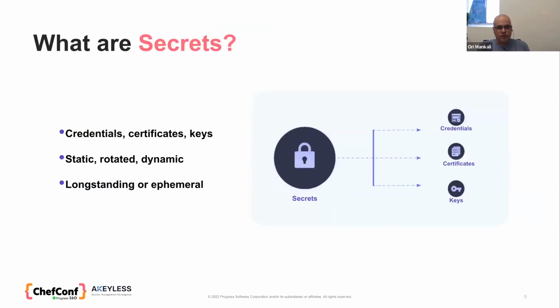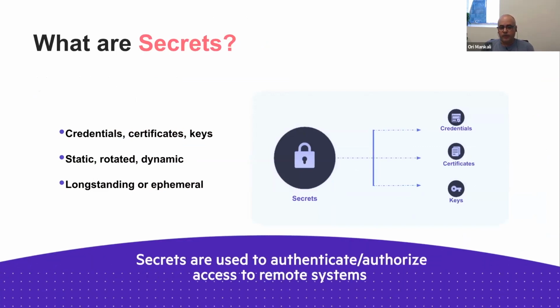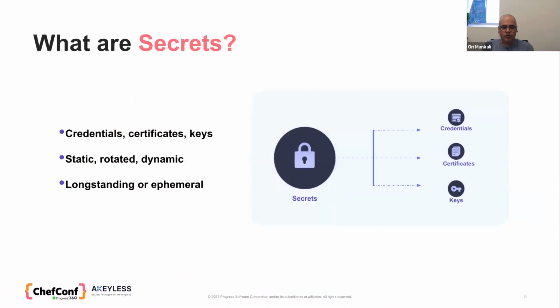So what are secrets? Secrets can be anything that allows an application or a human to authenticate to a remote system. A very common example is a simple username and password that I use to log into, I don't know, my bank account, my Jenkins server, or whatever requires this kind of authentication. It can be an SSH key that I'm using in order to connect to a remote SSH server.